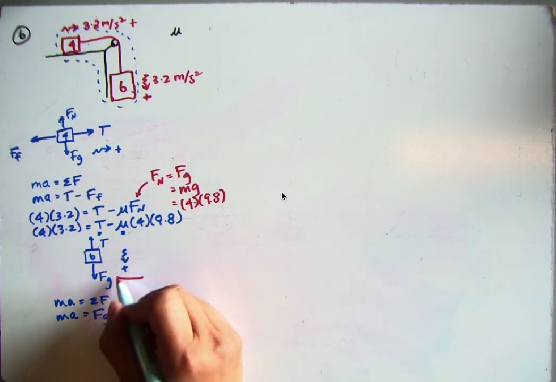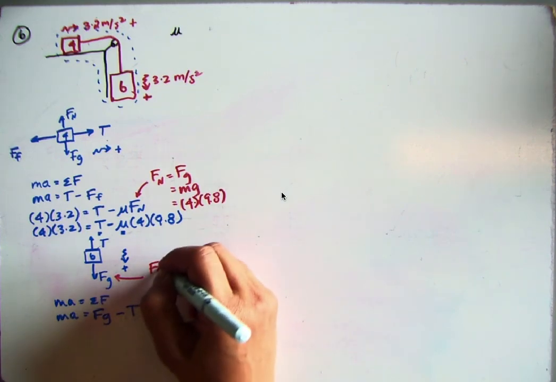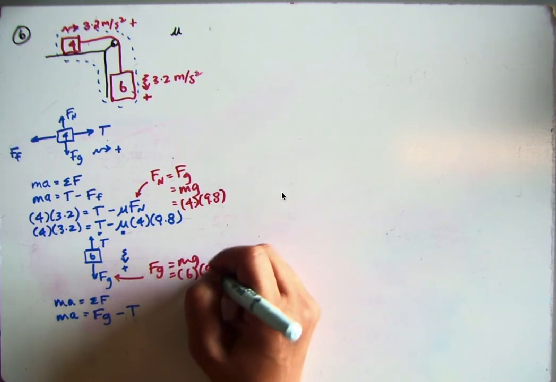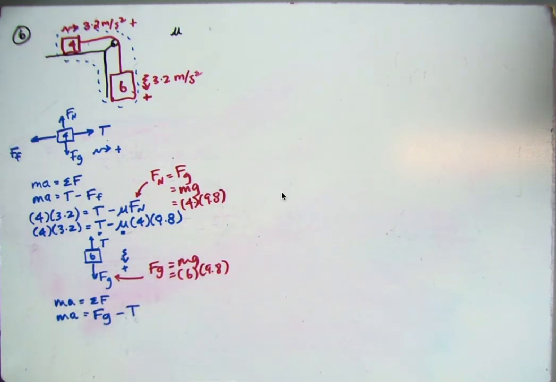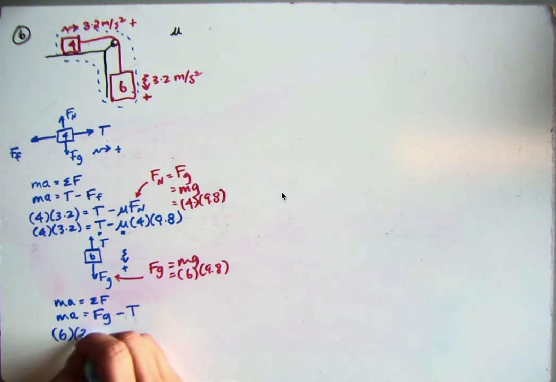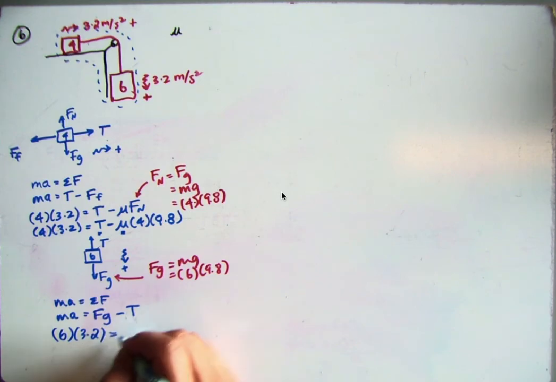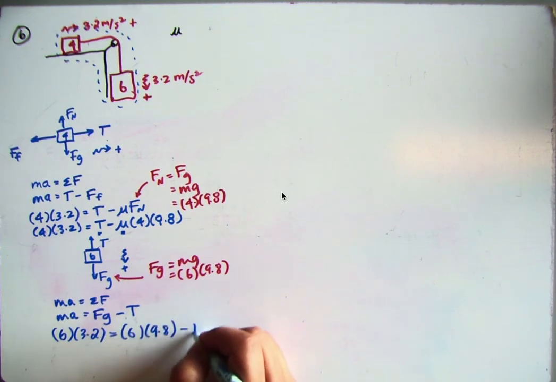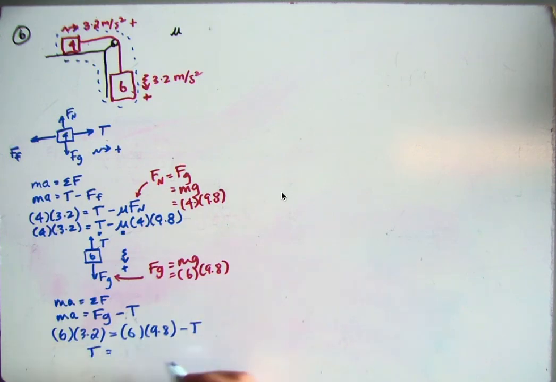So this Fg is going to equal mg also, but that m is 6 times 9.8 because we're looking at a different free body diagram. So we have 6 times 3.2 equals 6 times 9.8 minus T. So we can get an expression for T just by going 6 times 9.8 minus 6 times 3.2.